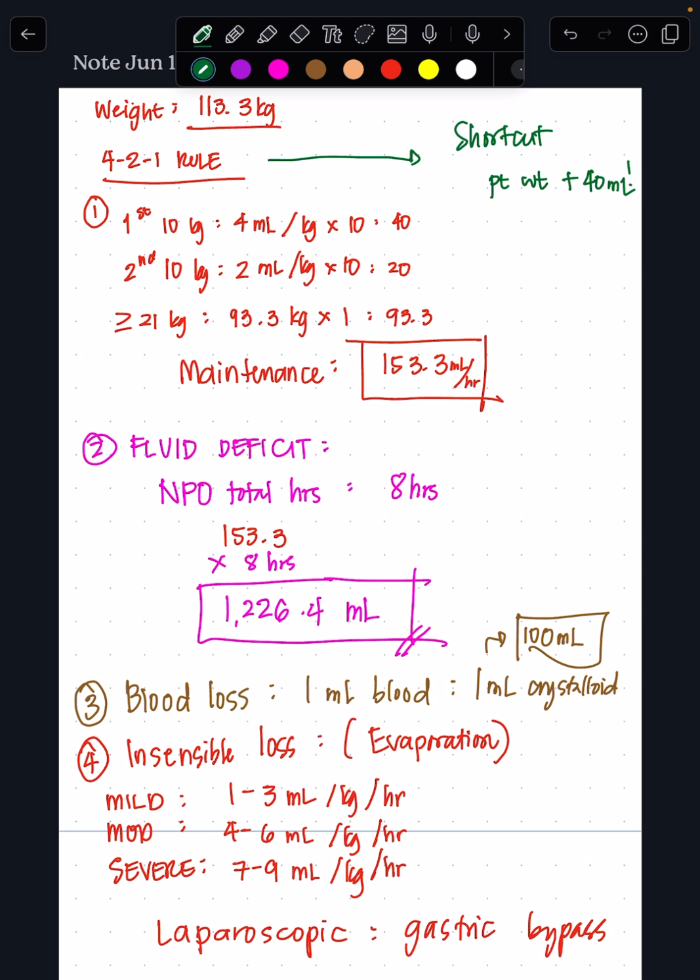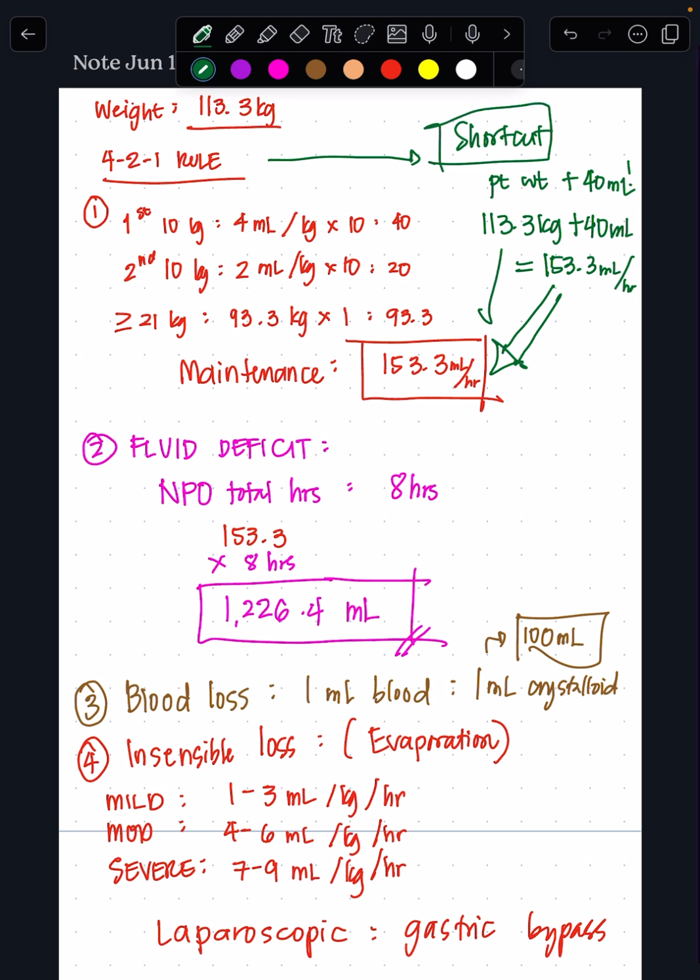So for example, 113.3 kilograms, which is our patient, plus 40 ml equals 153.3. So it's the same. But this is a shortcut. So it's way better to use this beautiful shortcut right here.